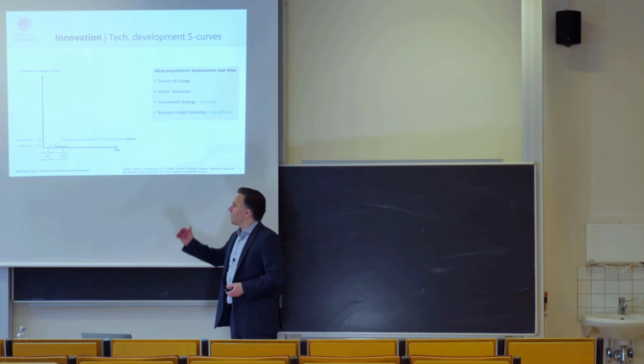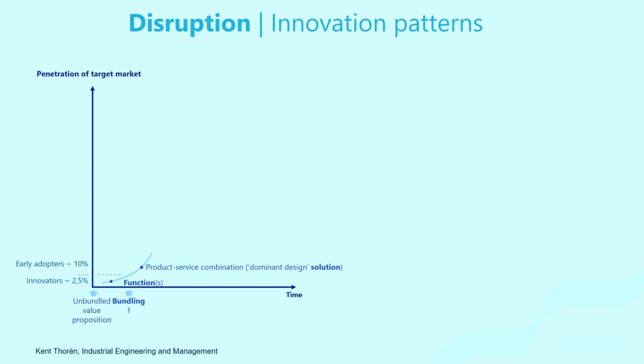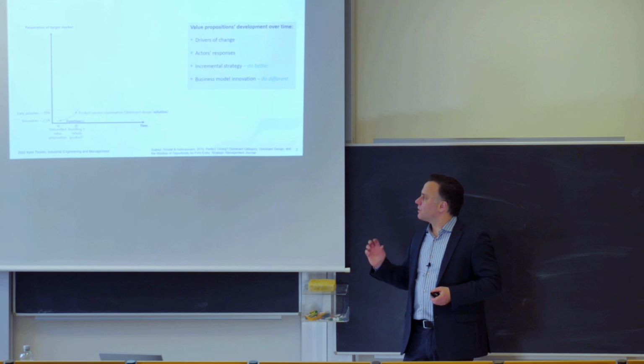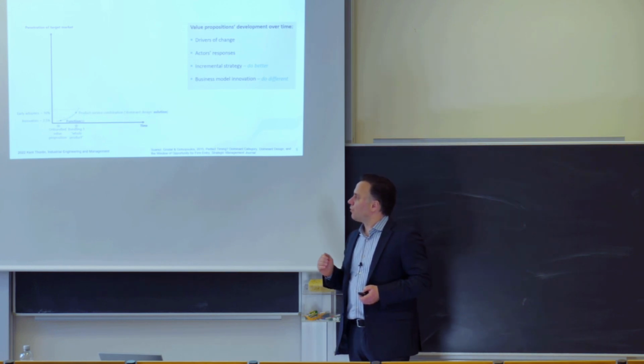Okay. And with that, we start to have a little bit of a bundling of functions. And we start to see the emergence of a solution that becomes the dominant solution, the dominant design. Before that point, there will be lots of different ways to do things that the new unbundled entrants provide, but some things seem to work well. And that is linked to this transition from early adopters to early majority.